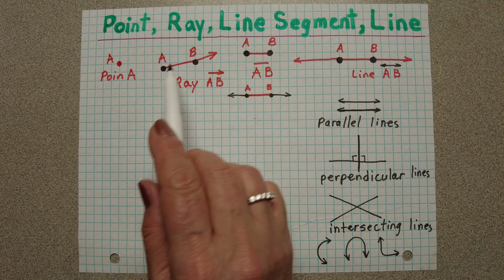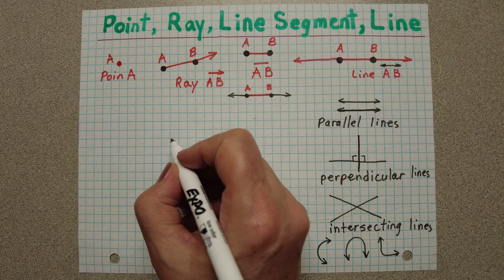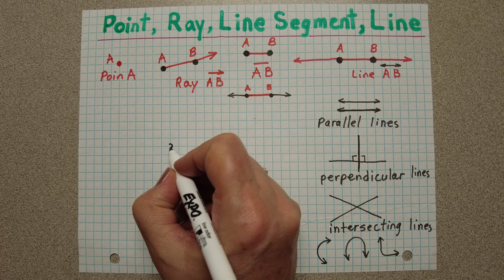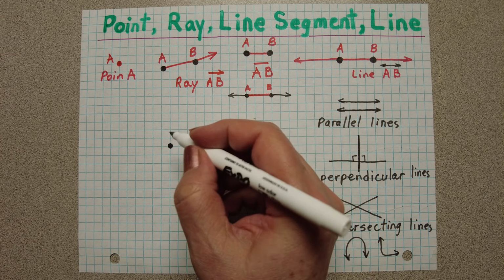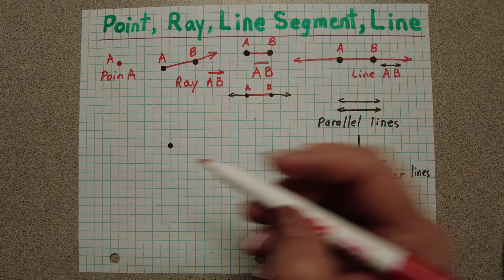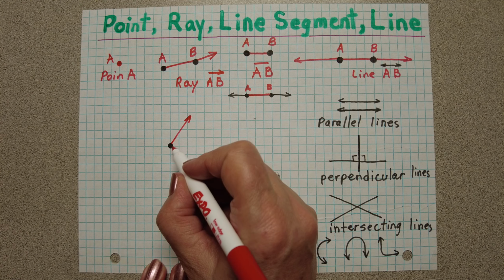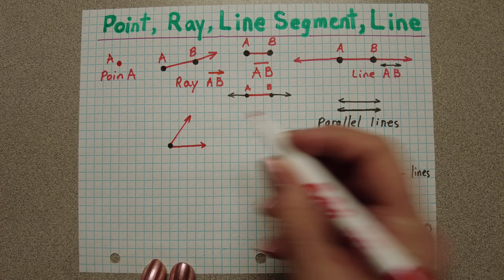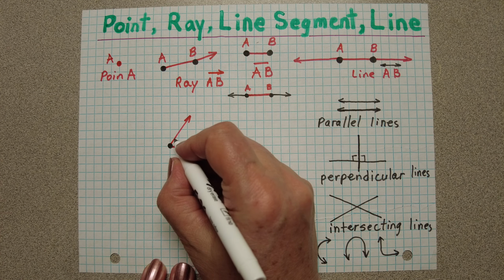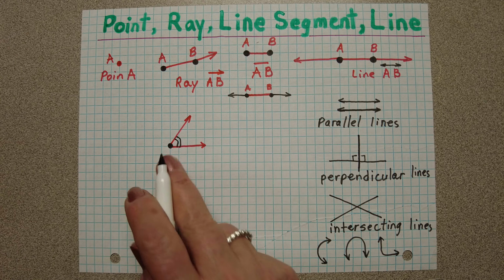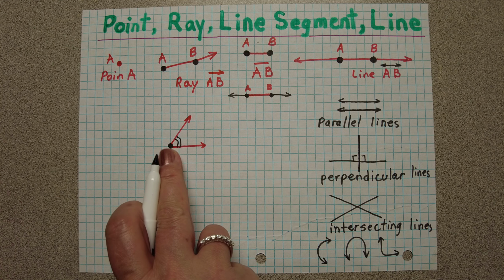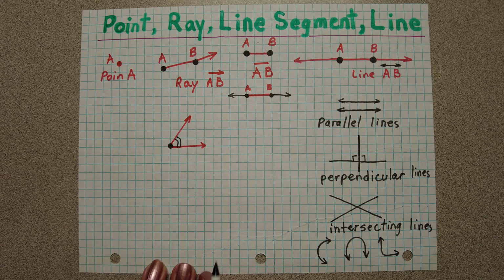Also, I would like to mention that with ray, if we have this one end point and we make two rays, we can form an angle. So angle is formed from rays. In the next lesson, we will learn about angles.